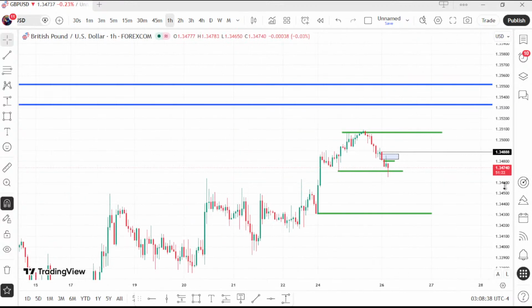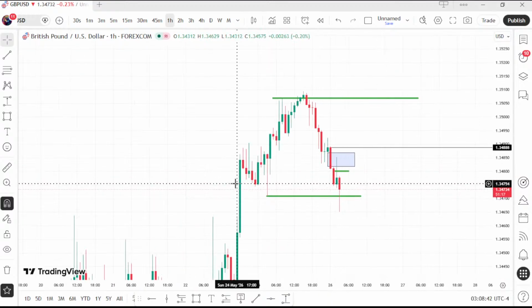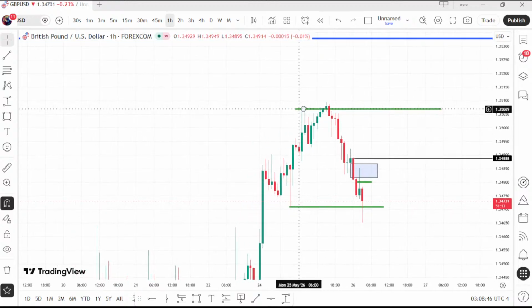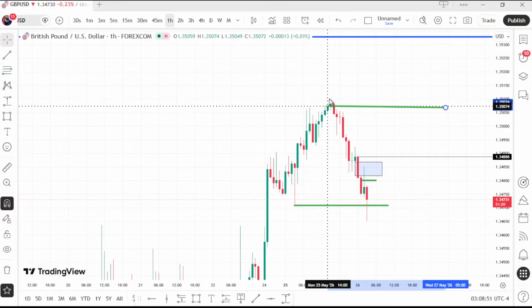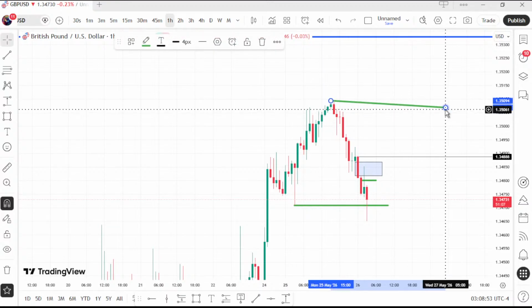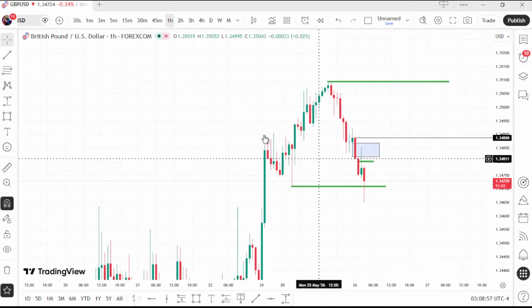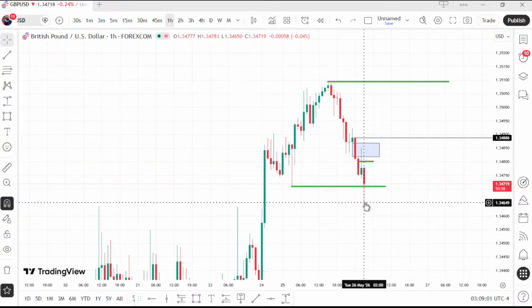The hourly has taken out that low to this. Now taking out that sell stop. Now this is a new high. Swept it. Sell side liquidity swept.